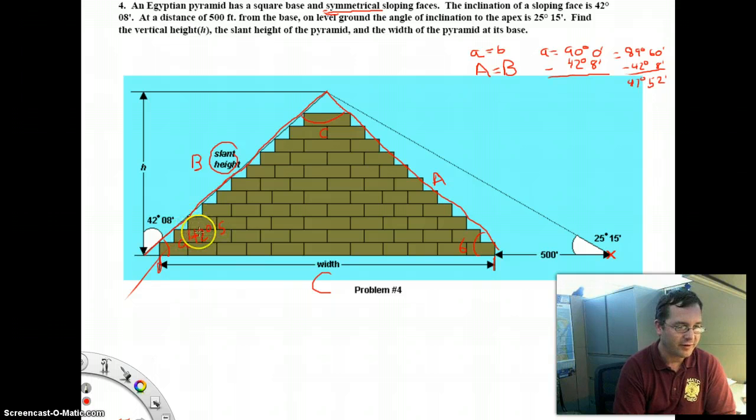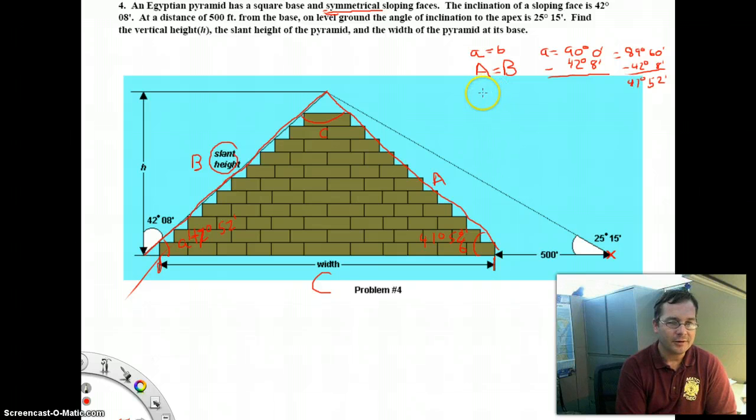And by the property that this is a symmetrical triangle, angle B is the same, 47 degrees 52 minutes. Angle C we can figure out by the supplementary angle rule, namely that A plus B plus C need to add to 180.